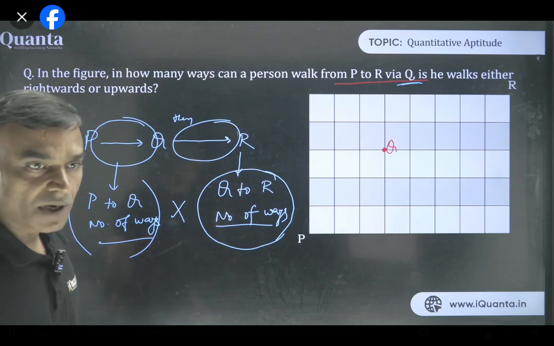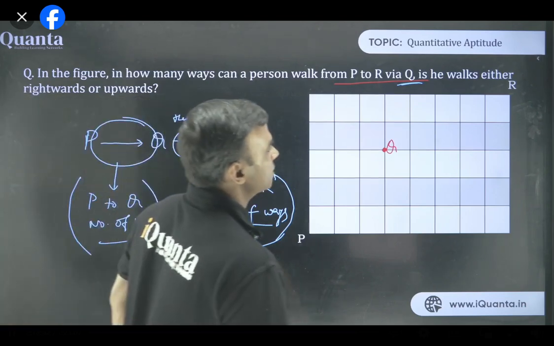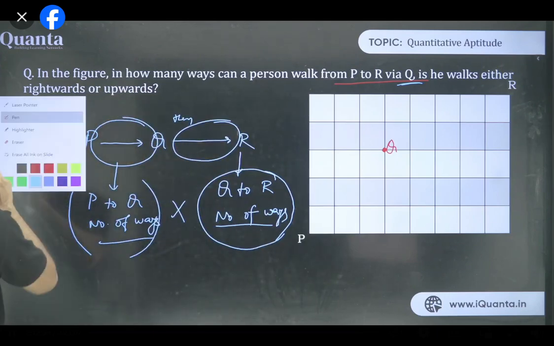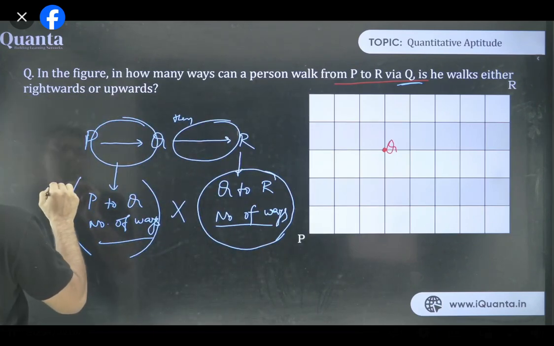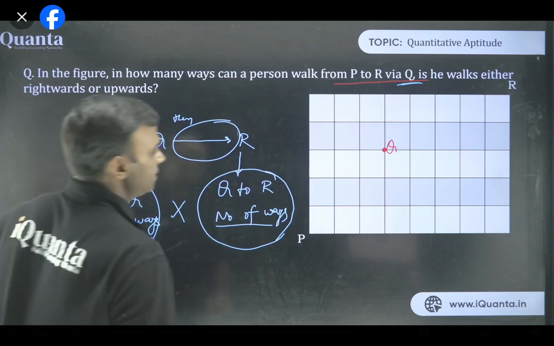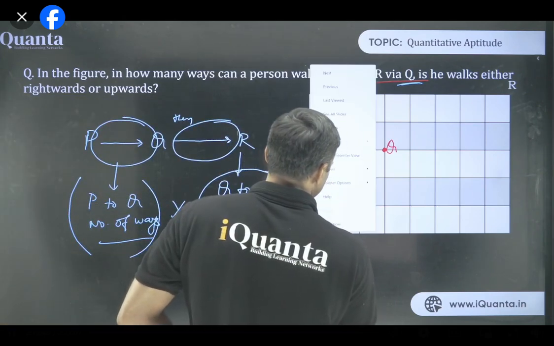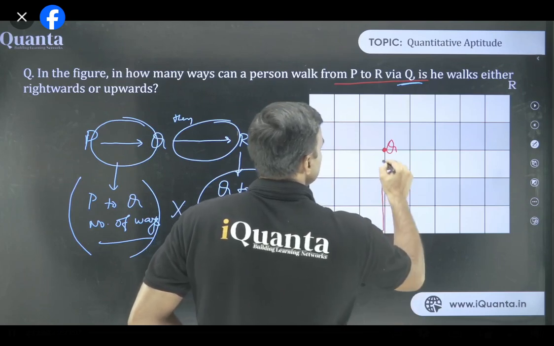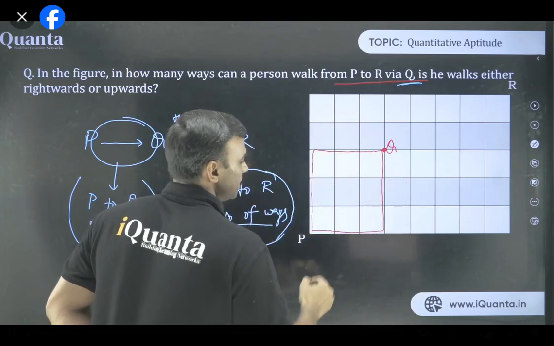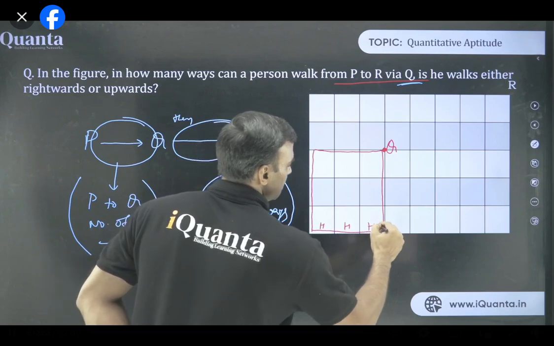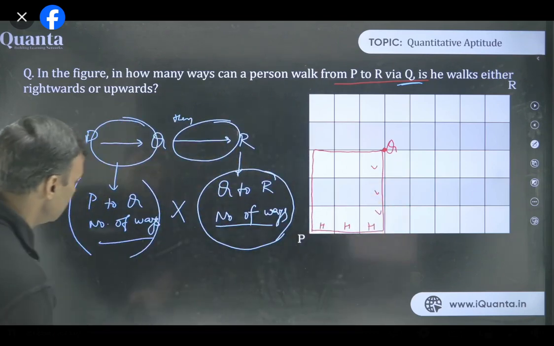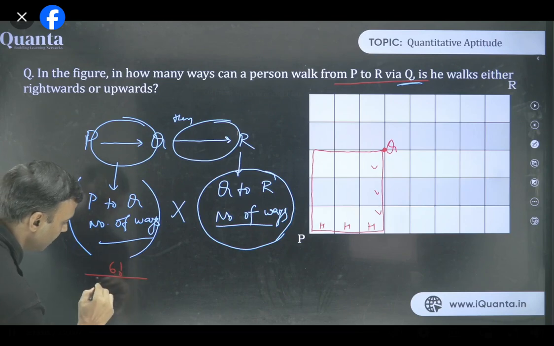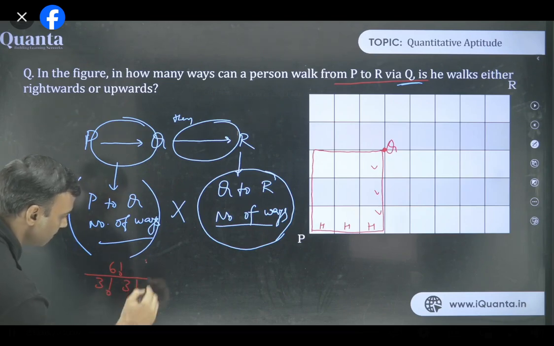Here, how does that box thing work? For P to Q, what is your box? I just identify the box for you. For P to Q, your box is like this. Can you see the box for P to Q? Nothing else has to be considered. Yani H, H, H, V, V, V. And that would mean 6 factorial divided by 3 factorial, 3 factorial, right?